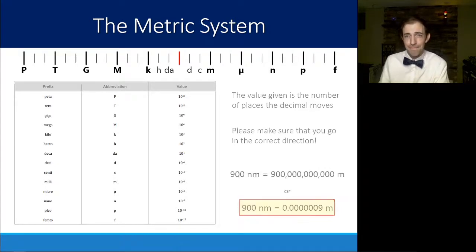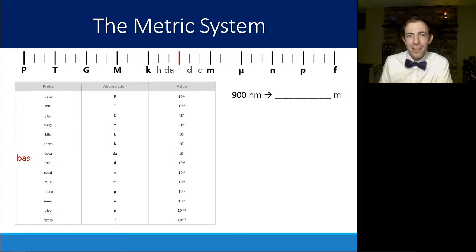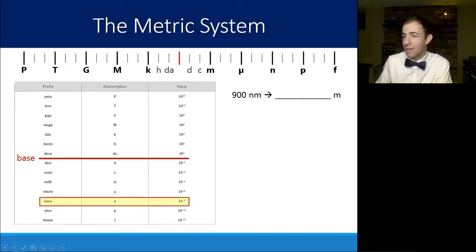And what this would look like then is the base unit here is meters. That is not going to have a prefix to it. Nanometers does, and I can find nanometers down here, shows me 10 to the minus 9th, which means I'm going to move 9 times to get to that base unit.